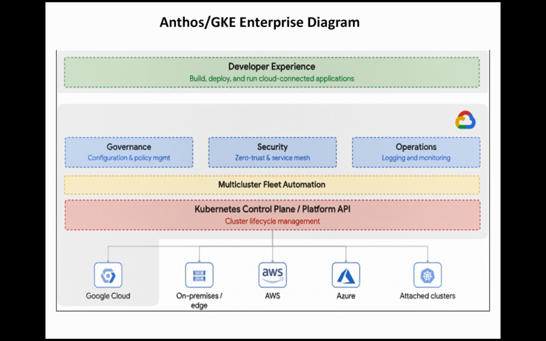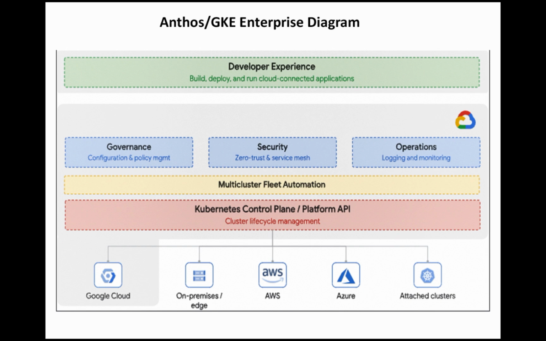It's simple: for example, if you want to push some security policies to all the clusters which are part of the fleet, you can always define them and push them through the fleet so that they will be deployed to all clusters.